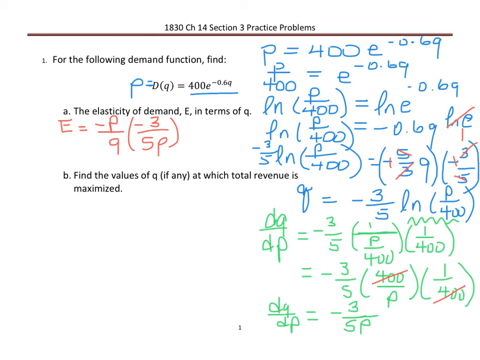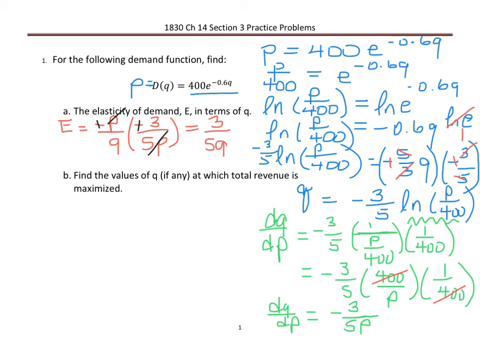And so what happens, conveniently, is that the p's cancel out, and negative times negative becomes positive, and so then our expression for E is 3 over 5Q. So actually solving for Q in terms of P was a lot messier in taking the derivative than actually finding E. So here's our expression for E, which is 3 over 5Q.